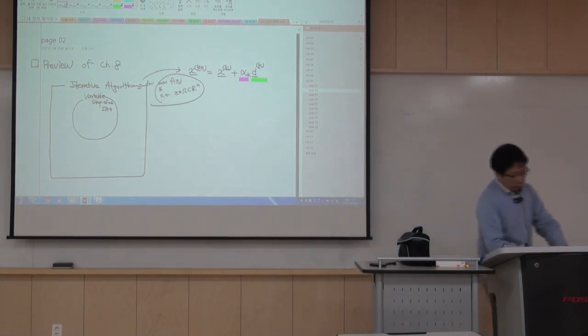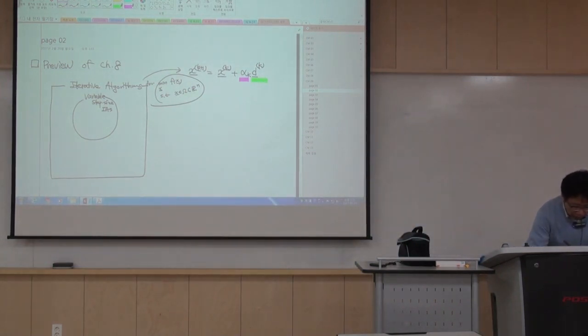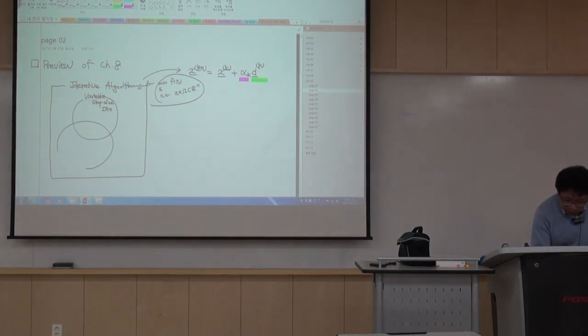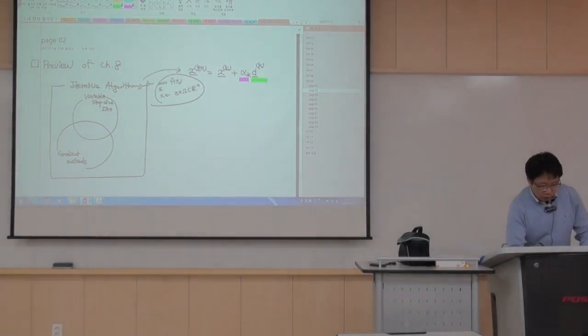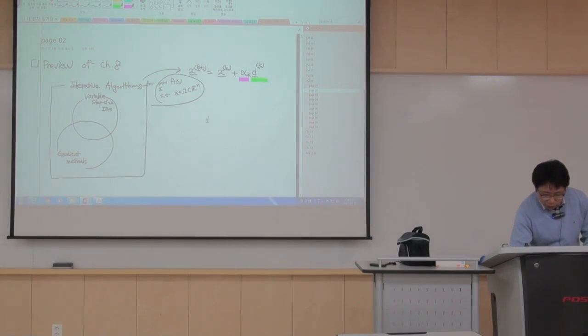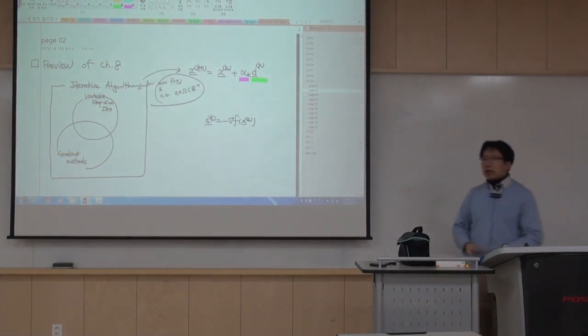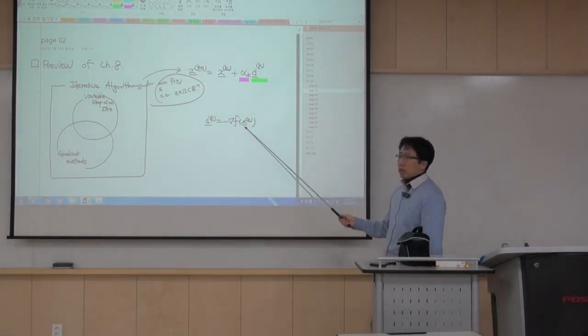So in this chapter, we choose d sub k as the negative gradient. So we may have another subset, gradient methods. What does that mean? d sub k is the negative gradient evaluated at the current estimate. Got it?